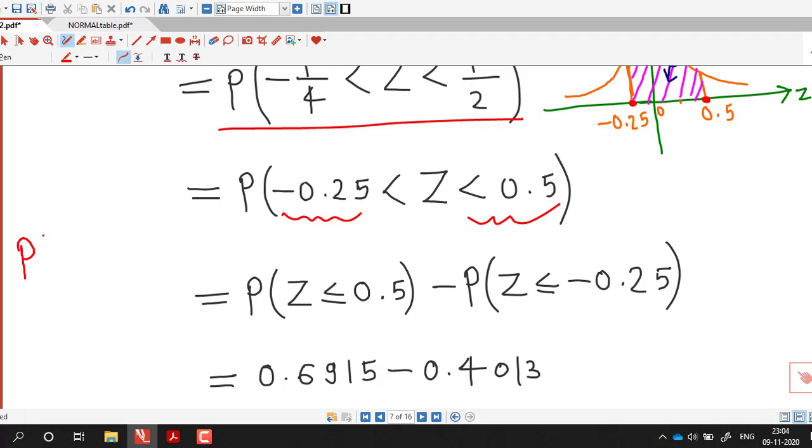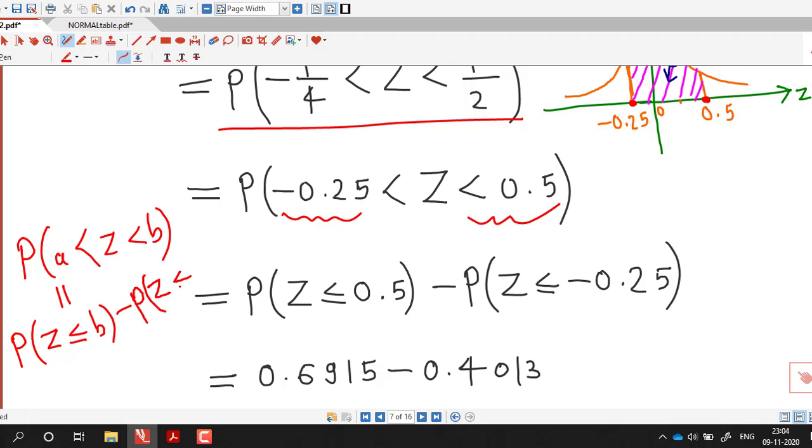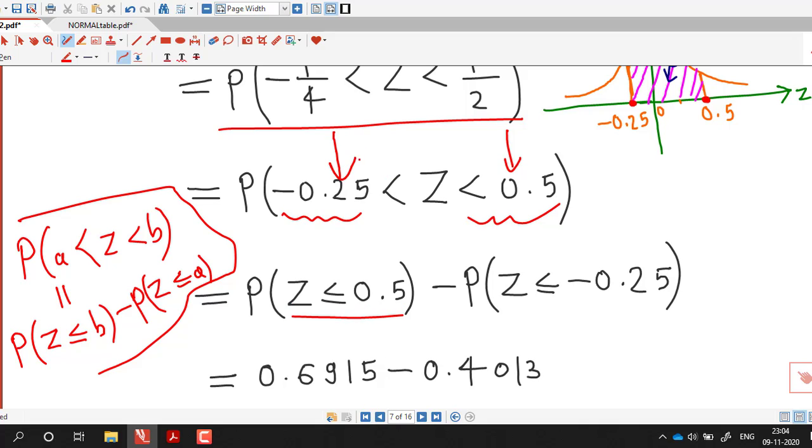remember this: probability that z lies in this interval a to b is nothing but probability that z is less than or equal to b minus probability that z is less than or equal to a. So using this we can see here b is 0.5, so probability that z is less than or equal to 0.5 minus probability that z is less than or equal to minus 0.25.